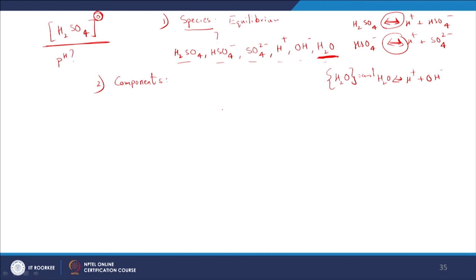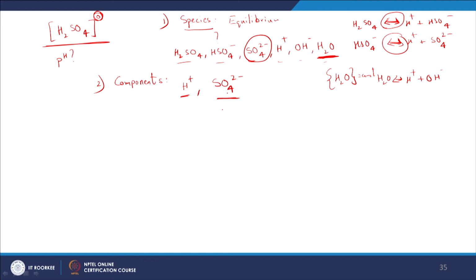There are different combinations, but the easiest way would always be to choose H plus as one of your components, and then look at the most deprotonated form of your acid base system, which would then be SO4 2 minus. You can use any other combinations, but in general the thumb rule is to use H plus and also the most deprotonated form of your acid base system, right.